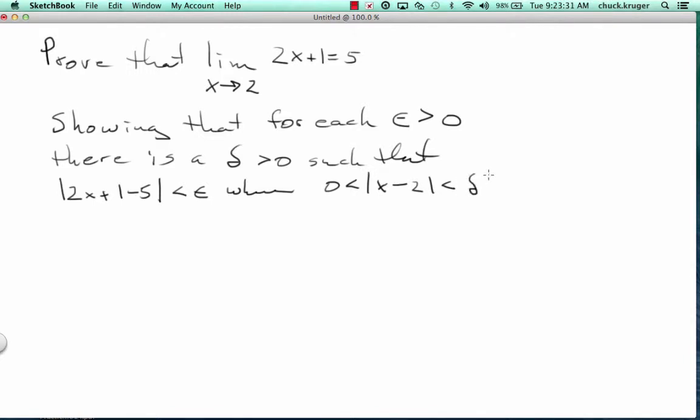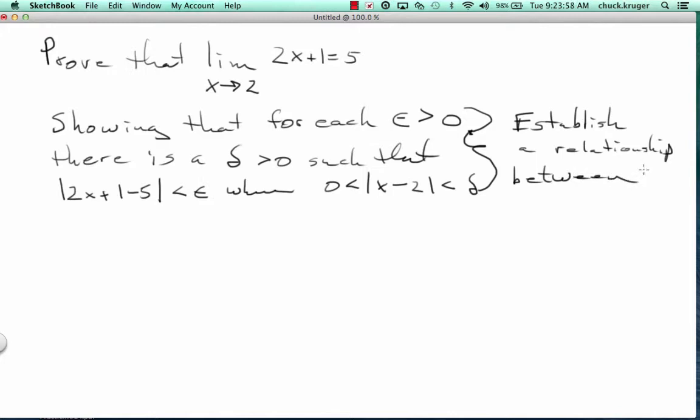So what this is saying, in effect, is that you have to establish some type of relationship between epsilon and delta.